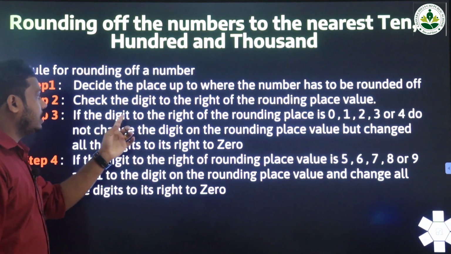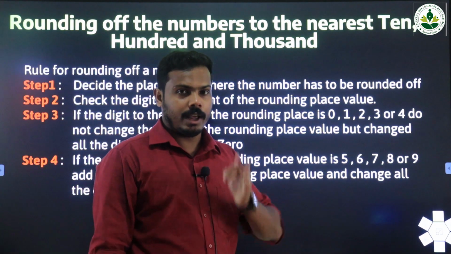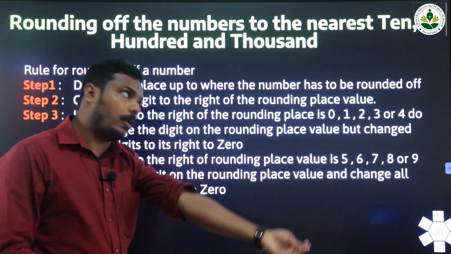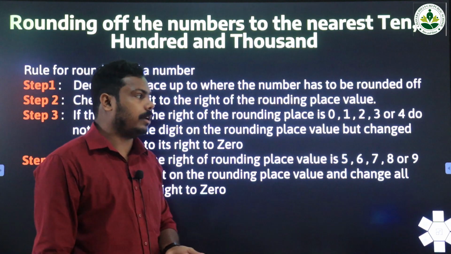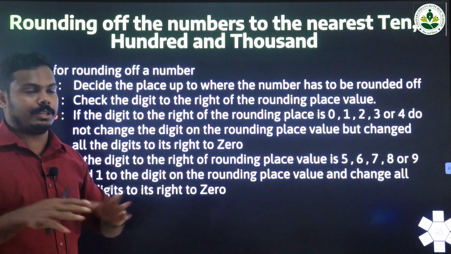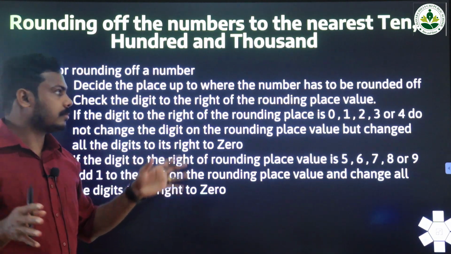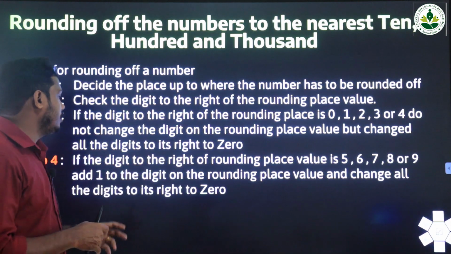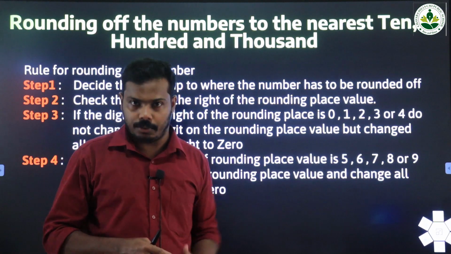Then step 3, if the digit to the right of the rounding place is 0, 1, 2, 3 or 4, do not change the digit in the rounding place. That means no need to change the 1000, 10 or 100 place, but change all the digits to its right to 0.